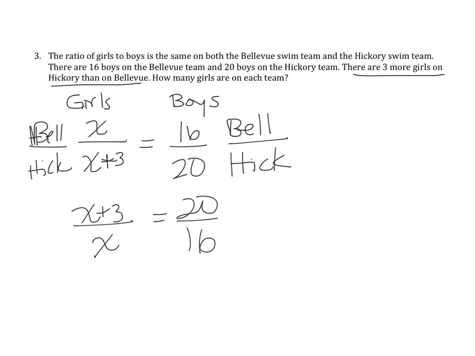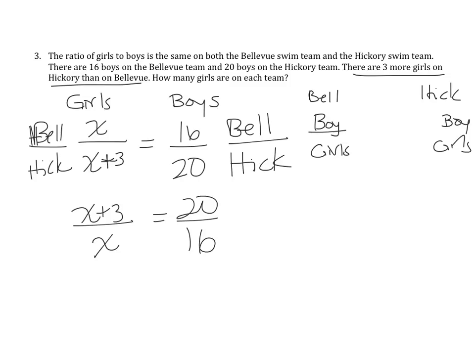Another way to look at it is, I want one whole side of my proportion to be Bellevue. So I'm going to do boys over girls. The top could be the boys, the bottom could be the girls, and then this side would be all the Bellevue, and over here could be all the Hickory. And I'm still doing boys over girls.